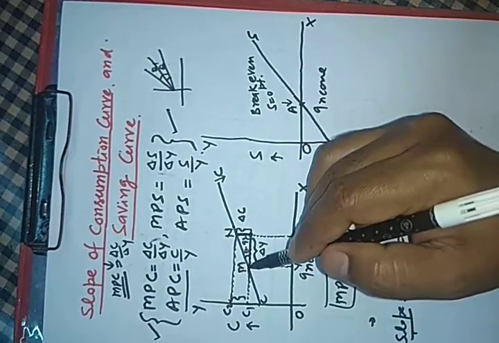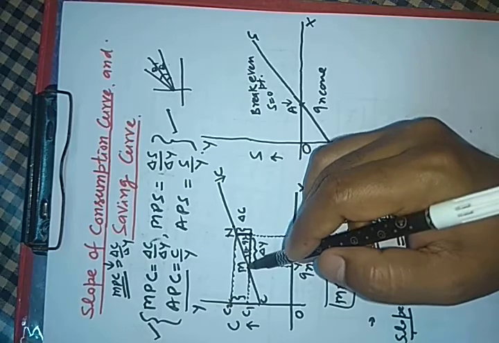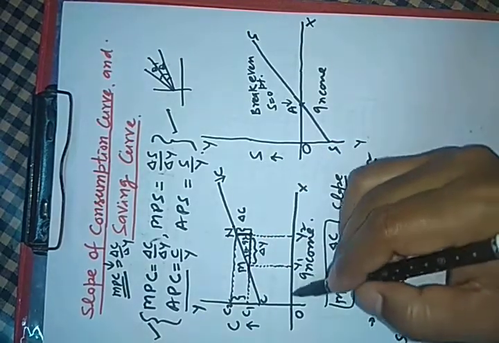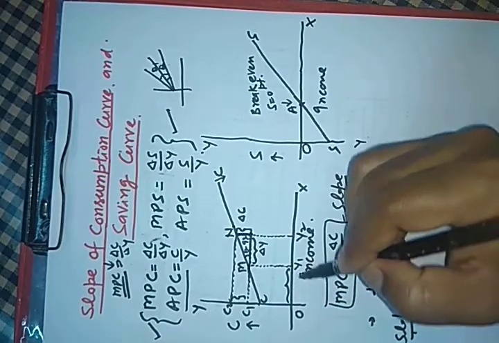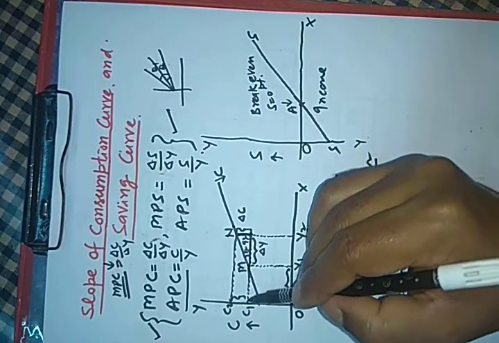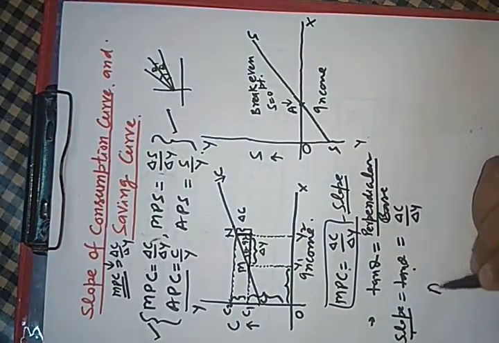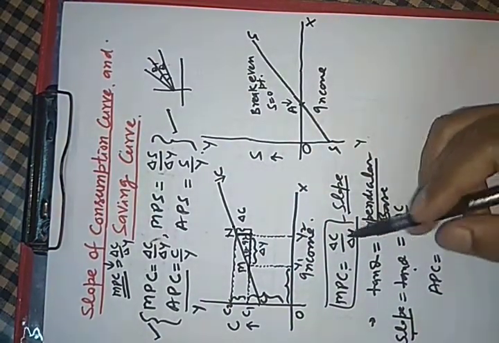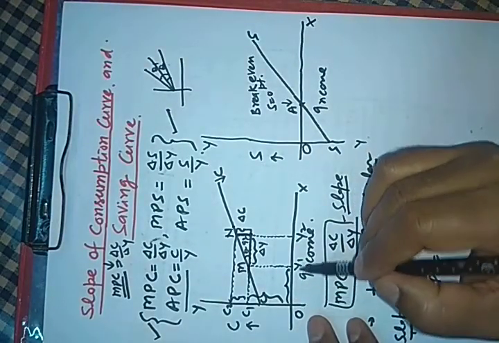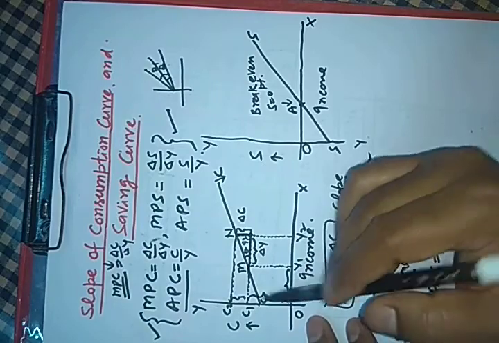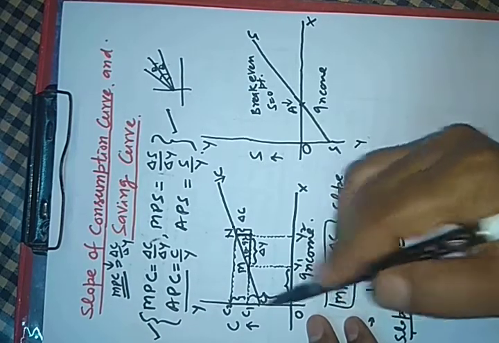Suppose at point M, what will be the value of APC? See, this is simple. The amount of this and the amount of this. APC is what? How much the level of income, that is OY1, and how much the household consumption expenditure, that is OC1.